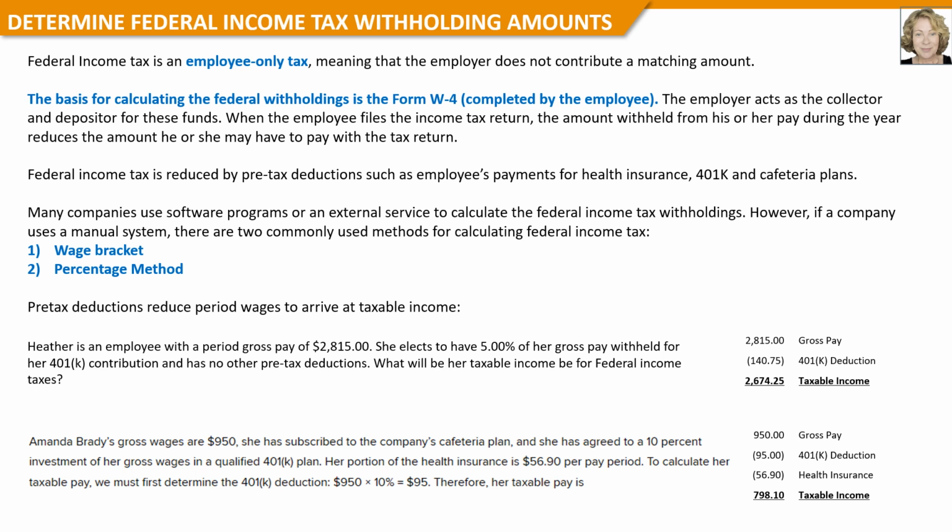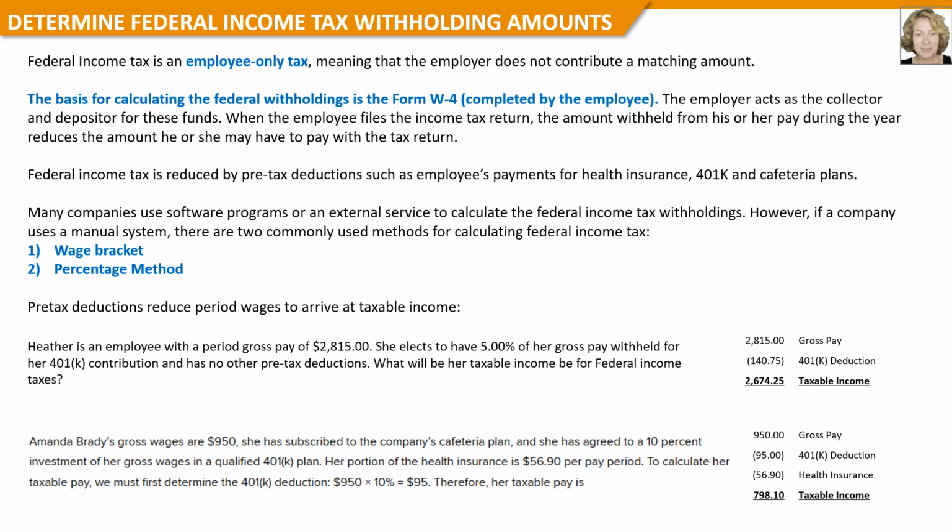So let's look at some examples of how pre-tax deductions reduce period wages to arrive at taxable income. The first example is for Heather, who is an employee with a period gross wage of $2,815. She elects to have 5% of her gross pay withheld for a 401k contribution and has no other pre-tax deductions.